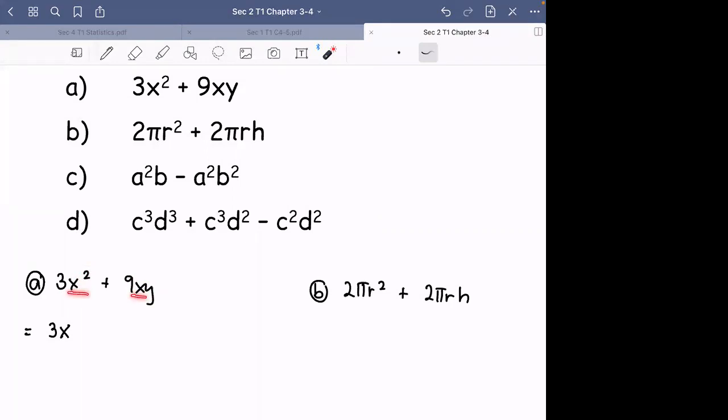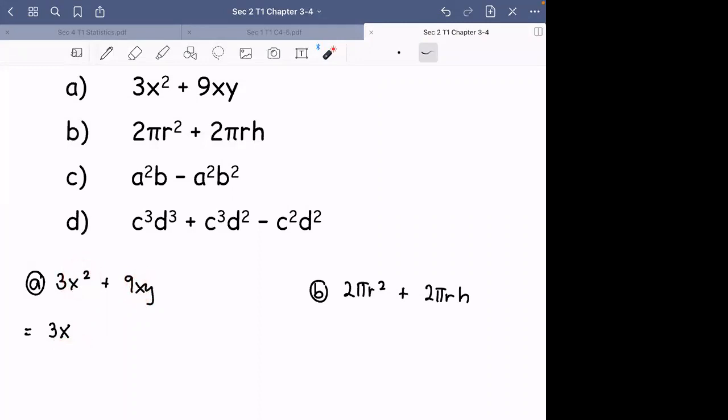In this case, it's just x. If it were x raised to 4, we would use the square here. Just remember that your common factor should have the lowest index or exponent.